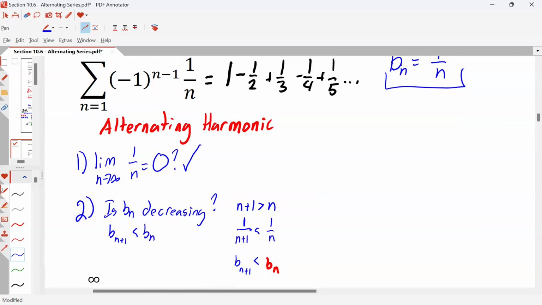The other thing we could do for 2 is use the first derivative test. So we'd be looking at the function 1 over x.